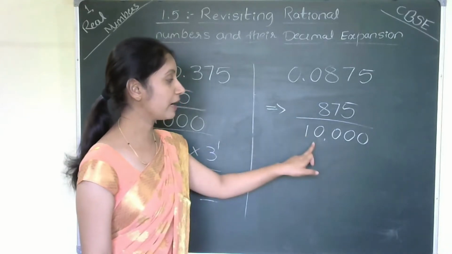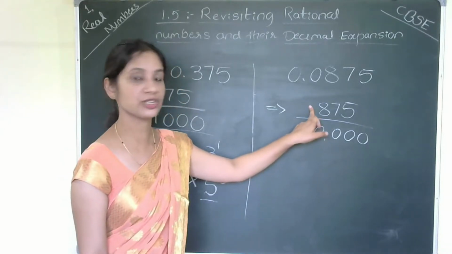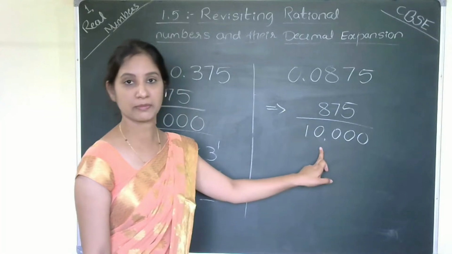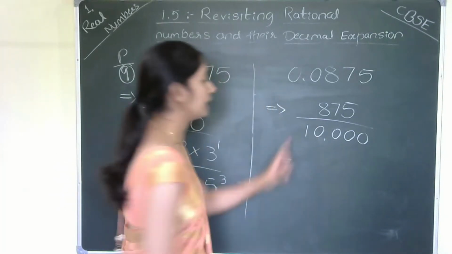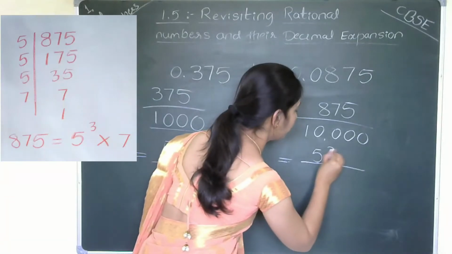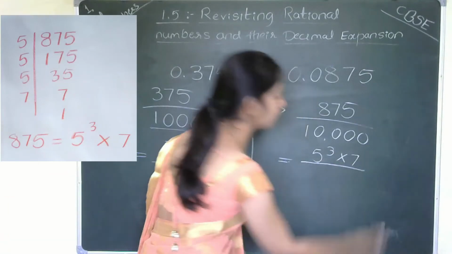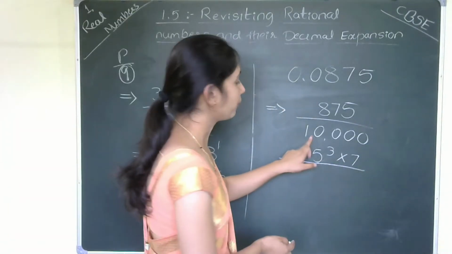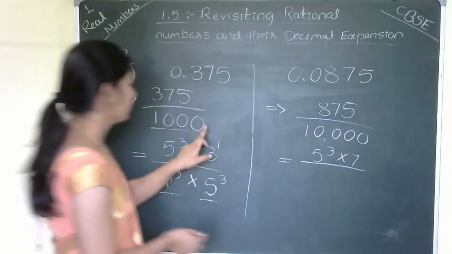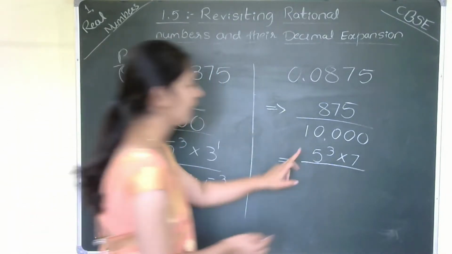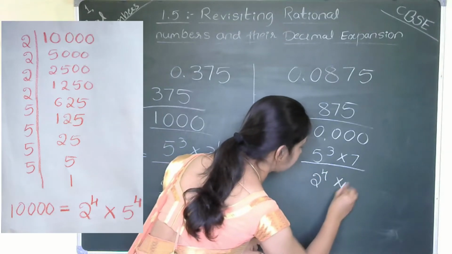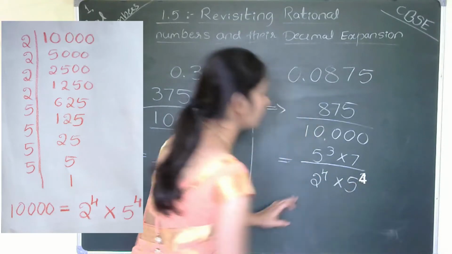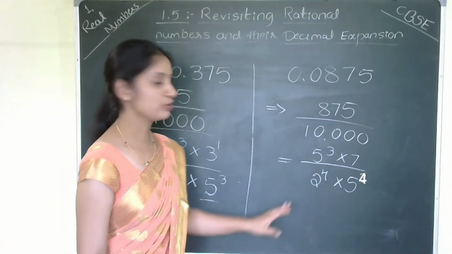Now I need to find the prime factorization for both numbers. For 875 it is 5 cube multiplied by 7. For 10,000, see, one more zero, I can directly write 2 raised to 4 multiplied by 5 raised to 4. By solving you'll come to know.